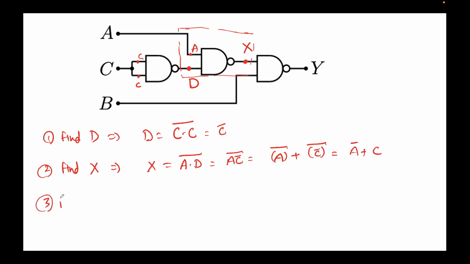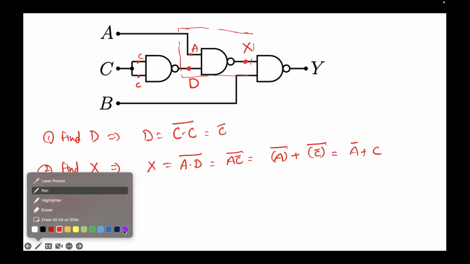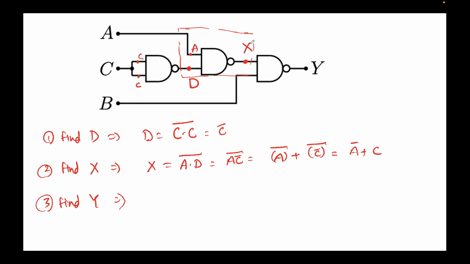Now finally we find Y. How do we find Y? Now you just use a different color. You see this purple square: one of the inputs is X, the second input is B. So Y is also a NAND gate. So Y will be X times B whole bar.